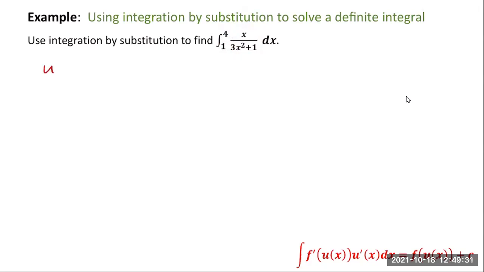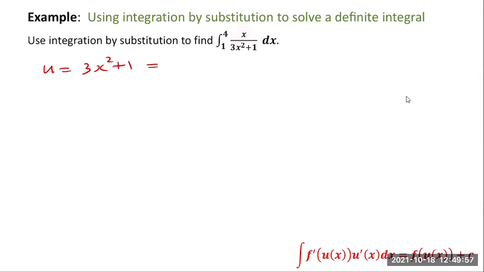Well, I'm going to take u is equal to 3x squared plus 1, because if I take that way, you have the derivative here, not the derivative, but the constant multiple of the derivative, right? So you have it here. Having a constant multiple of the derivative right beside the function suggests that u substitution would be good here.